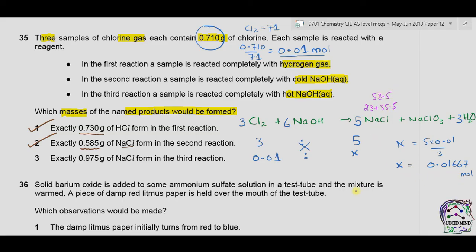Converting these moles into mass, mass is equal to moles into molecular mass. The answer comes equal to 0.975 grams. In option 3 exactly the same mass is given, so therefore 3 is also correct. As all 3 options are correct, the answer is A.